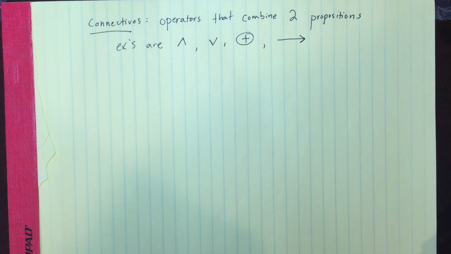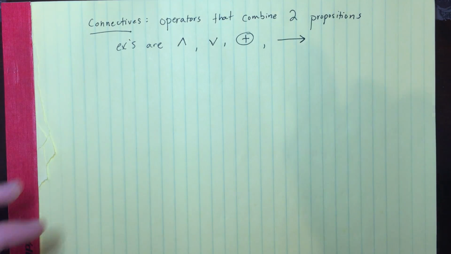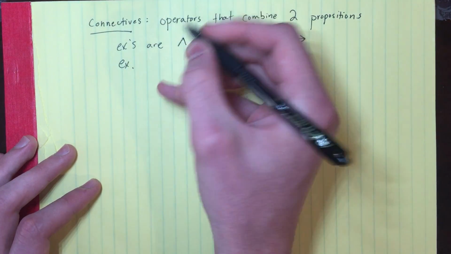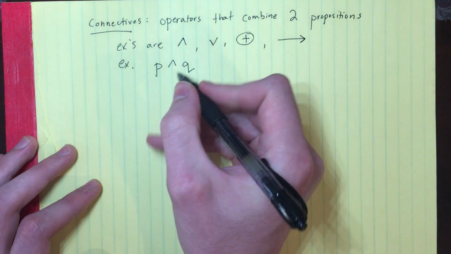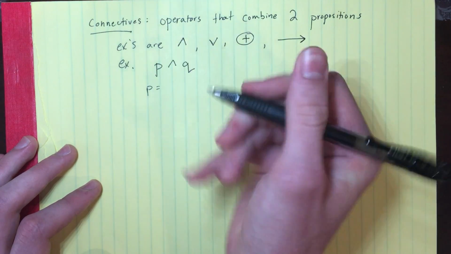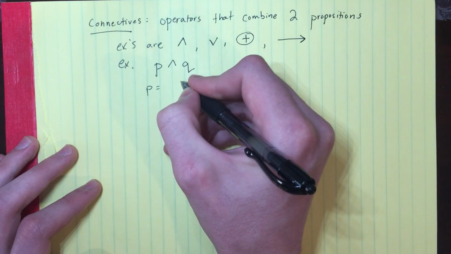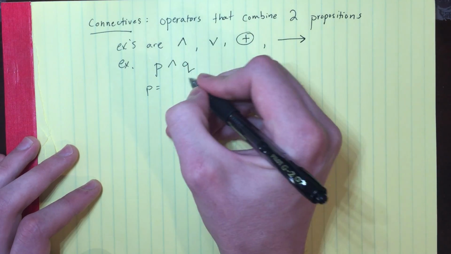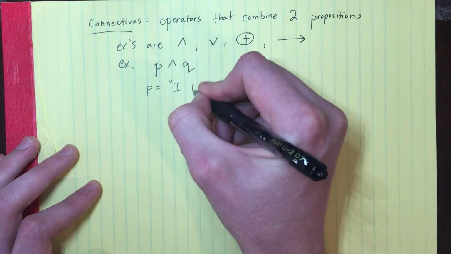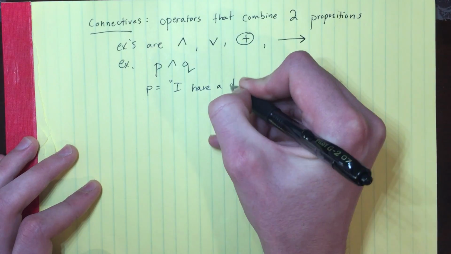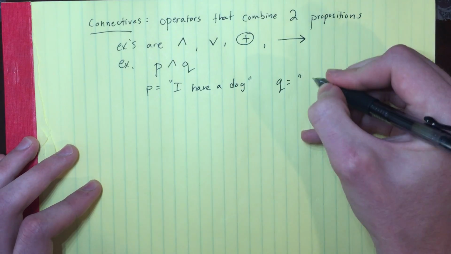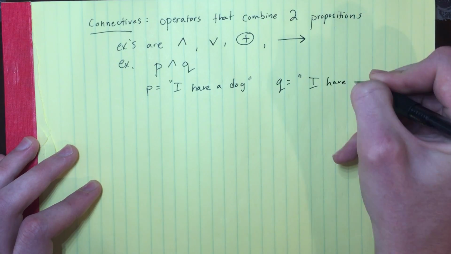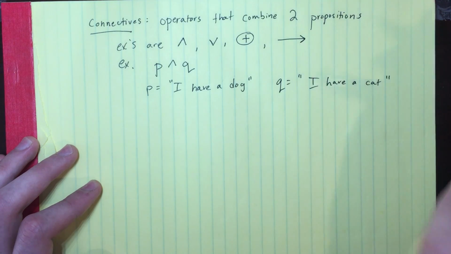An example would be P and Q. If P is equal to I have a dog, and Q is equal to I have a cat.